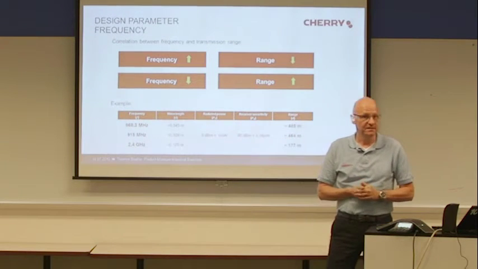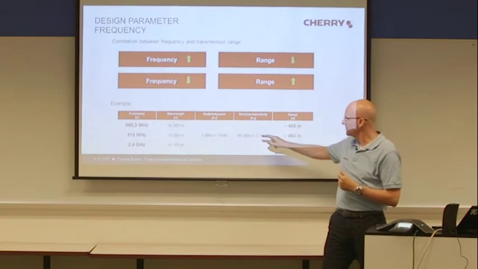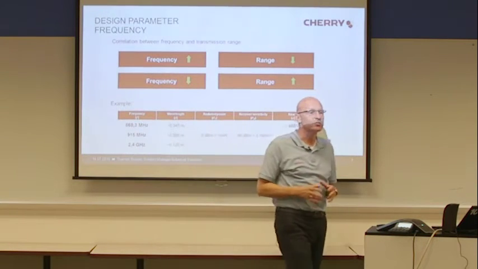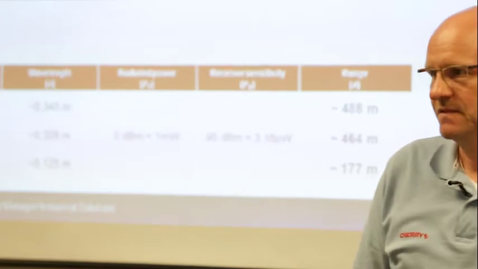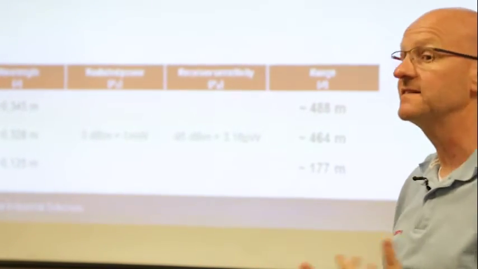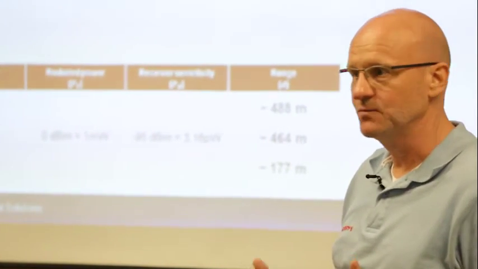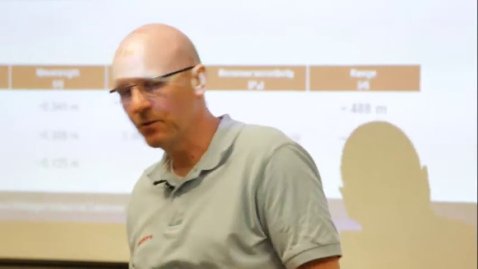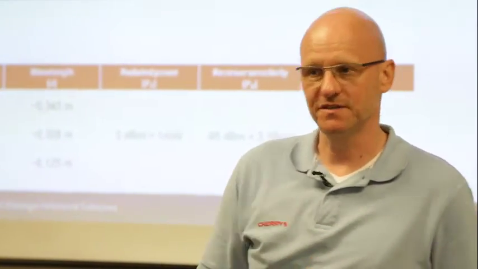Then the transmission range of sub-gigahertz frequencies is much better. So that is what I said, it's a compromise. We cannot design an RF product for all requirements and for all use cases.